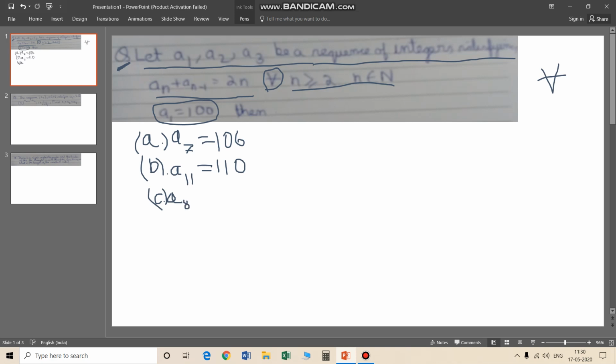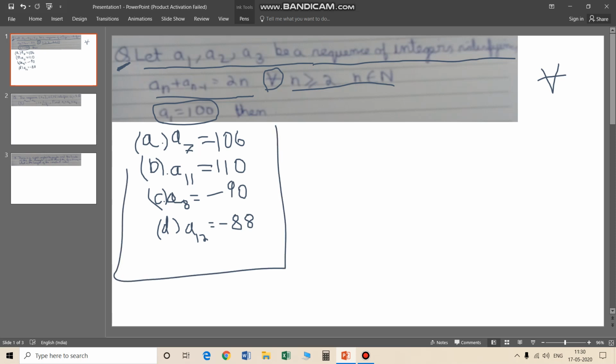A8 is minus 90, and the last option is A12, given as minus 88. These are the options to the question.